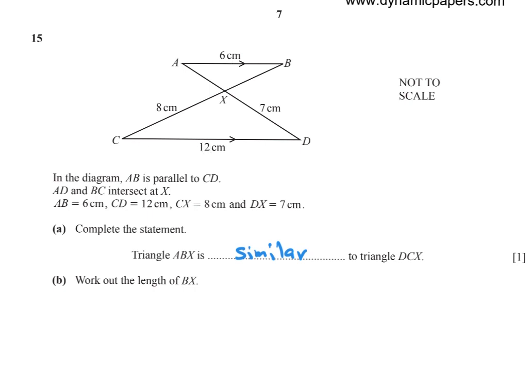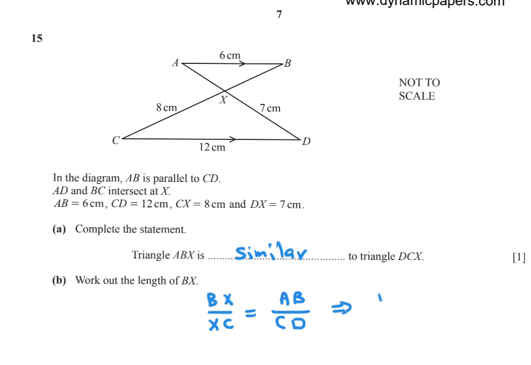So we can deduce that the ratio between BX and XC is 1 to 2, and the ratio between AX and XD is 1 to 2. Or you can write BX over XC is the same as AB to CD.